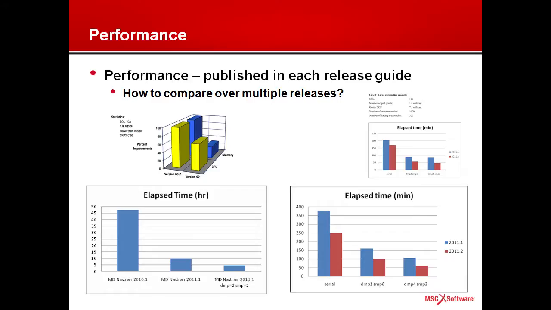They reported percent improvements. Model size of 1.9 million degrees of freedom, which was fantastically large. Over on the upper right, it might be difficult to see, but here's a large automotive example at 7.3 million degrees of freedom. We're solving this in minutes for frequency response.